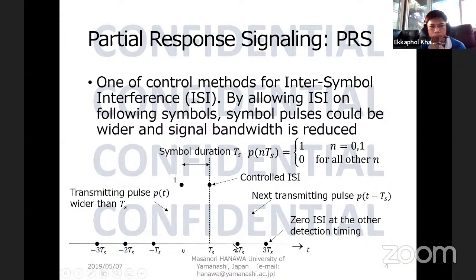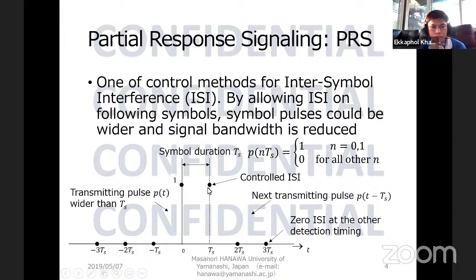Here it's written. For example, if we want to transmit a bit one at time zero, we repeat the same bit at the next symbol time TS.